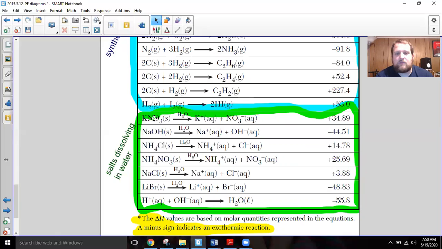So all of these salts dissolve in water, breaking up into their individual ions. One thing you'll notice, a lot of these are endothermic. These will actually get colder. And this is how cold packs work. Cold packs will use ammonium chloride or ammonium nitrate. You mix them up and they get really cold. True story.